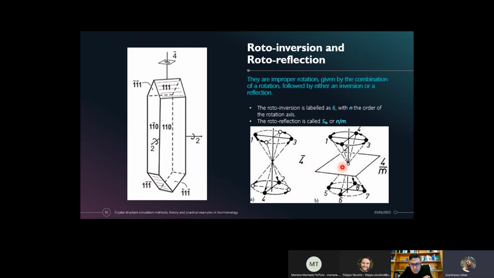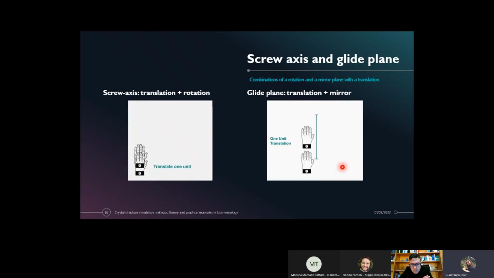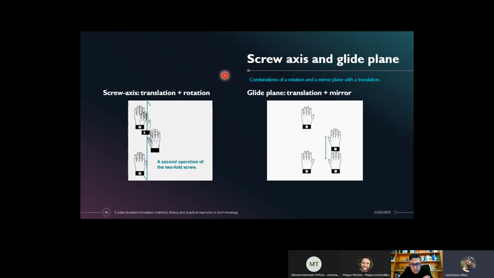This is the combination for the point symmetry of the macroscopic object, but we also have the combination of rotation and translation, the so-called screw axis. Let's take it here, for example. You can see from the GIF here. We also have the glide plane, which is the combination of a translation and a reflection. Here you can see we can translate by one unit.